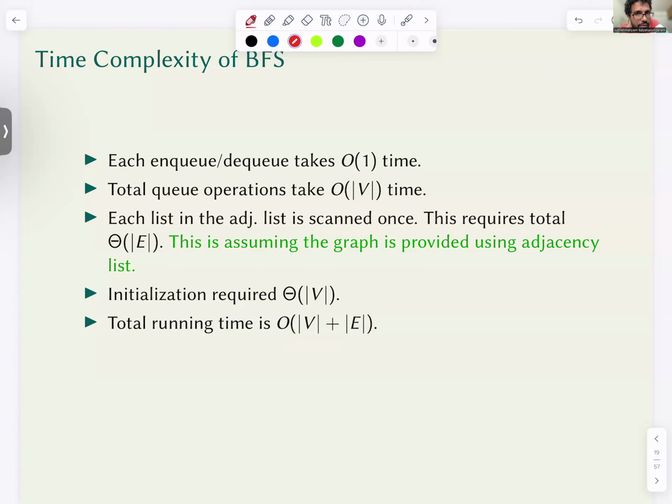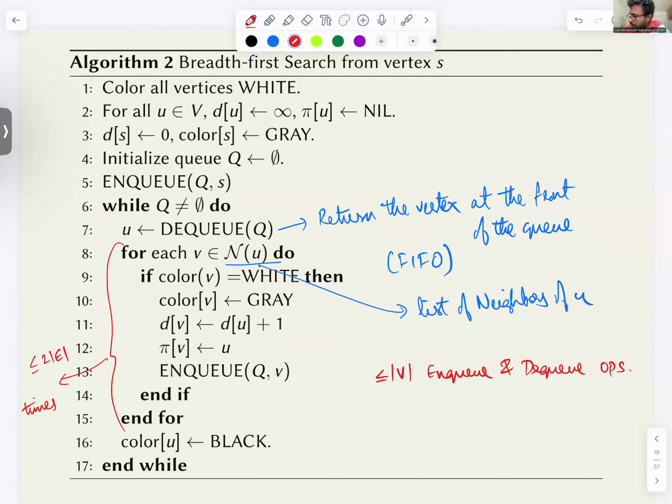Yes. So, what do you mean that initialization is required? Initialization, by that I mean things like setting the queue to empty, coloring all the vertices white, and assigning d of u to be infinity, pi of u to nil, all of these things. Basically, you are assigning some values for all the vertices.